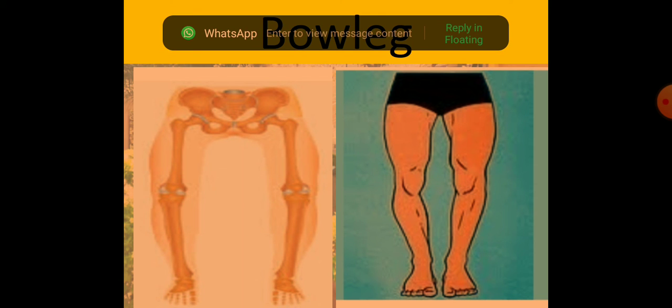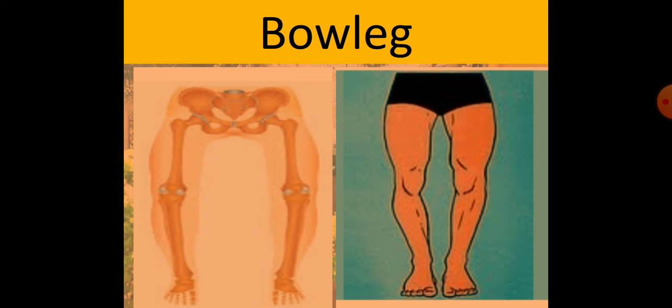The Bowleg can be seen, but that is very common. After 2 years, it is automatically cured. But after that, if we can see the Bowleg and gap between the knees, that must be treated.